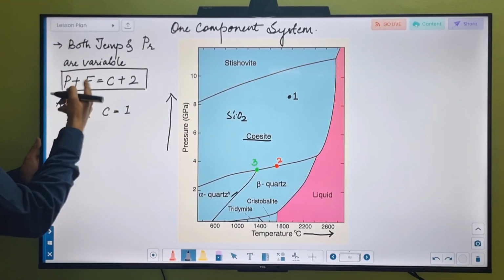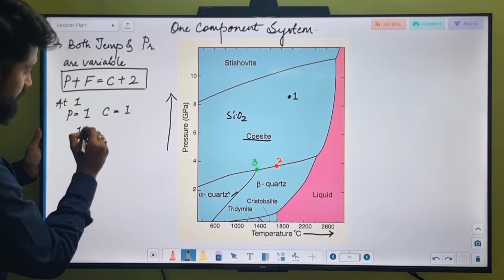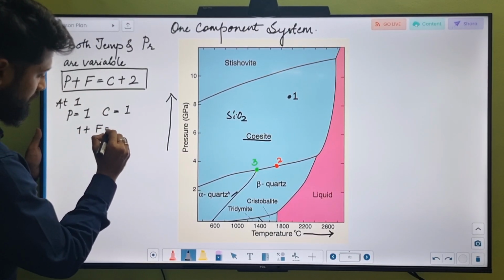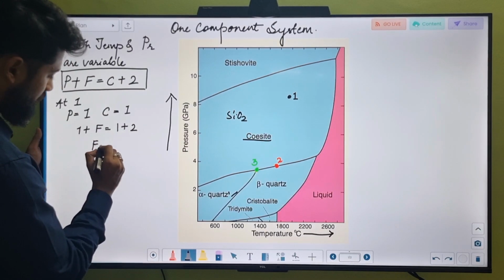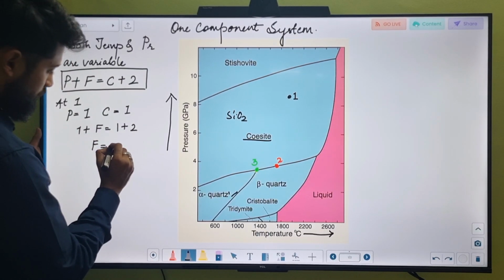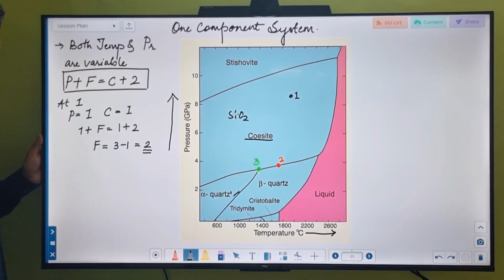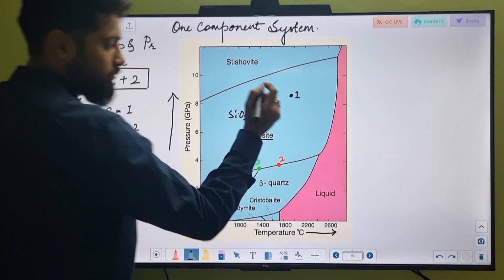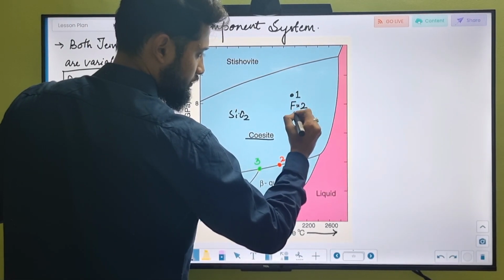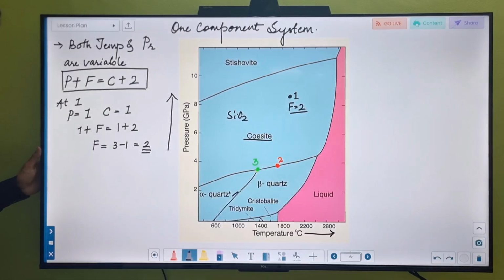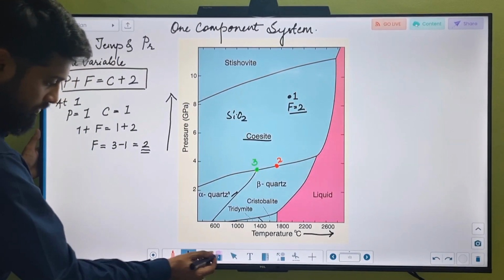Putting these values in this formula, P is 1, 1 plus F is equal to 1 plus 2. So F will be 3 minus 1, that is equal to 2. So here at point 1 the degree of freedom is 2. Clear? We'll move on to the next point, that is point 2.